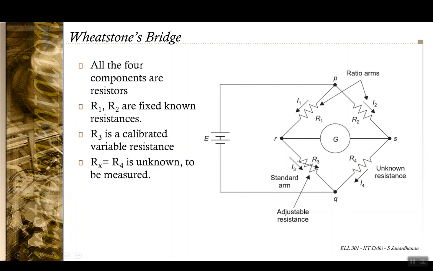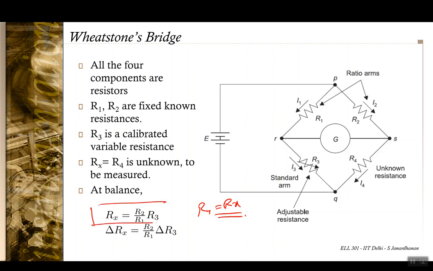Now as we said earlier, R4 is Rx, and if this bridge is brought to balance, then Rx would be equal to R2 by R1 times the value of R3 at balance.